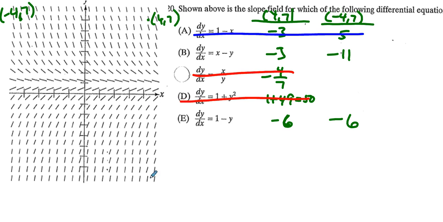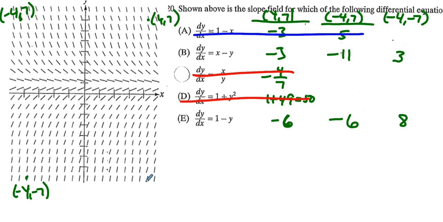Then we come down, maybe to -4, -7. At -4, -7, this is 3 and this is 8. Well, that's not helpful.